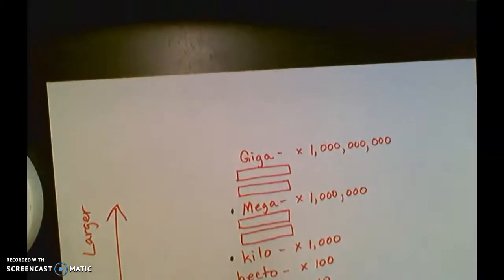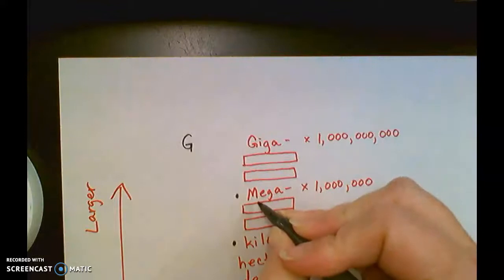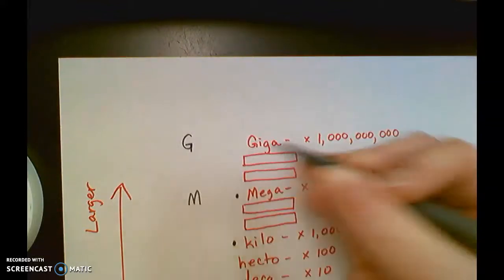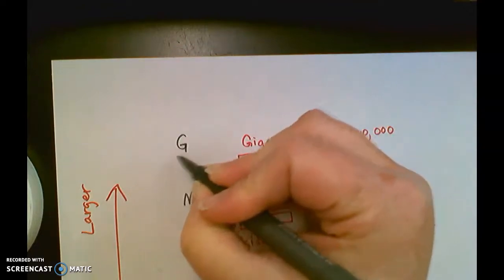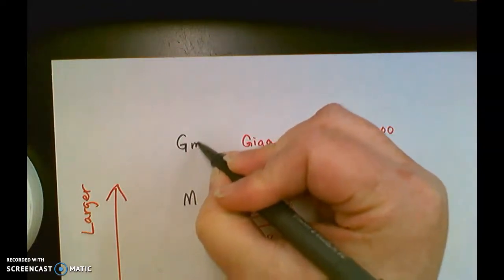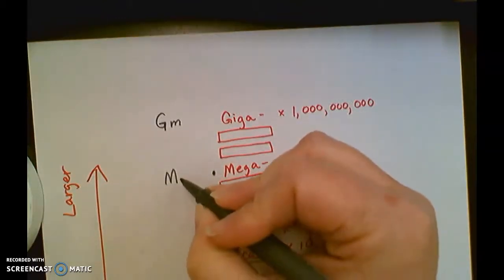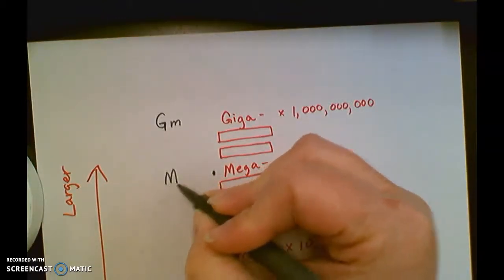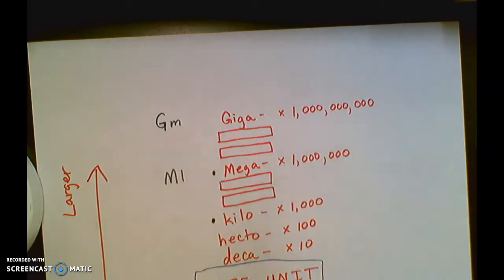So giga is a capital G and mega is a capital M. So if it's a gigameter, you've got the G for giga and then M for meter. If it's a megaliter, you'd have the capital M for mega and the L for liter.